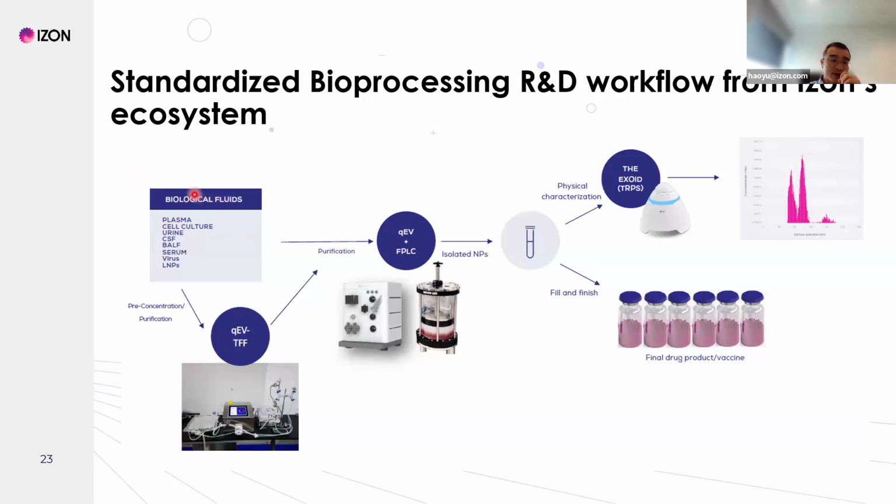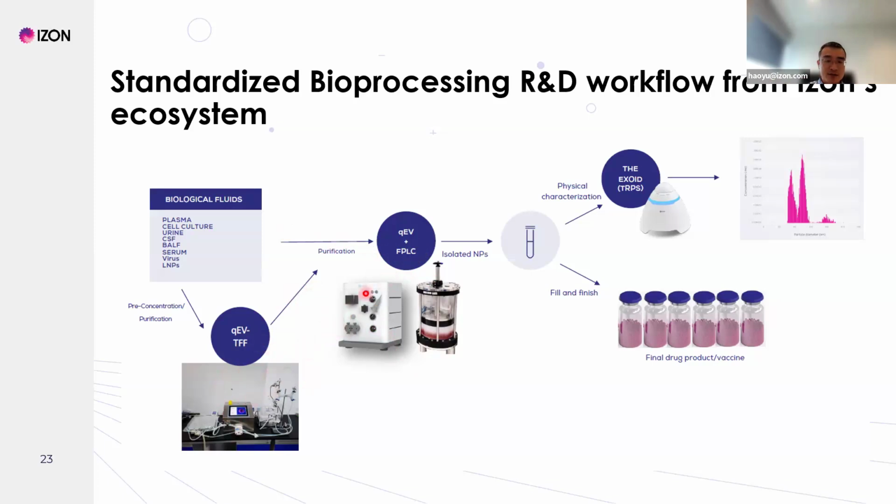Basically, when you have different biofluids, for example, several liters of plasma or several liters of cell culture medium, the plasma, after removing the cell fragments, can be directly processed by our chromatography systems, which are our large columns. But for cell culture medium, the EV concentration in the raw medium is quite low, so we need to use the TFF system to concentrate it, usually 20 to 40 times is fine.